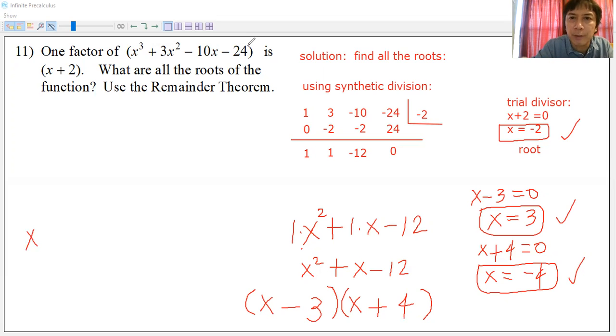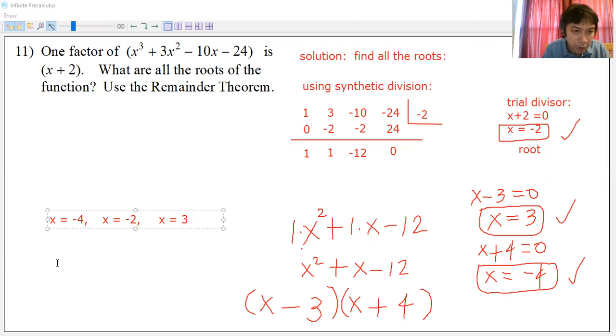Now let me just type it over here. All right. The answers are x is equal to negative 4, x is equal to negative 2, and the other one is x equal to a positive 3.